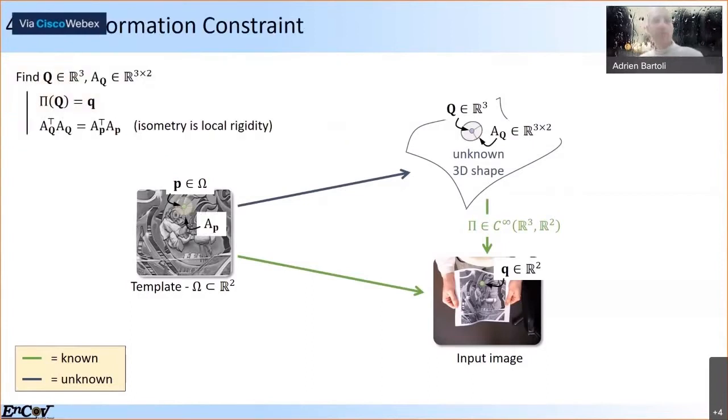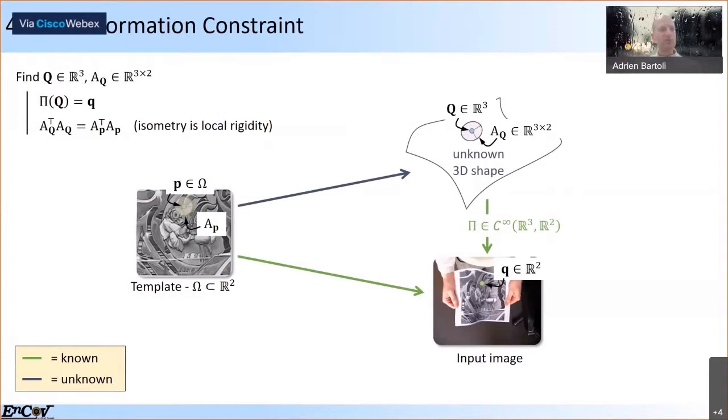We now introduce these local neighborhoods, as you can see with the small green circle in the templates, and introduce the fact that when we embed this template to the 3D surface, this local neighborhood should be preserved. That's this isometry constraint I was mentioning as prior at the start of the presentation.